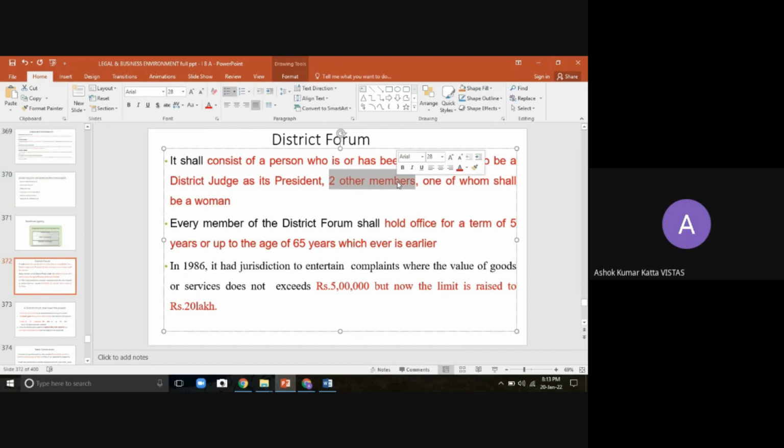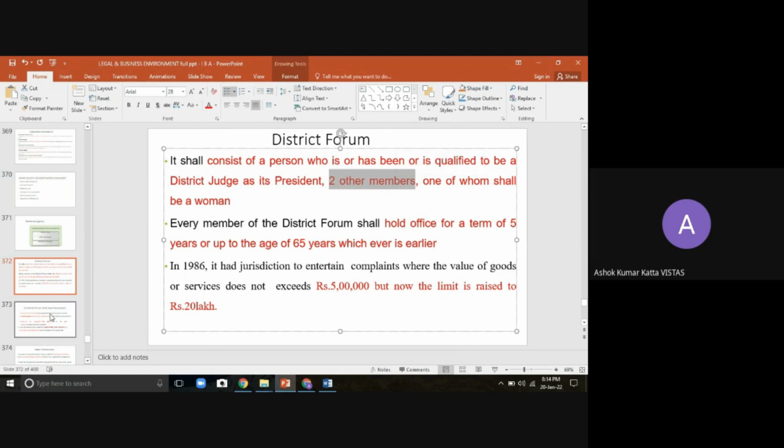In the district level forum, a district judge or a retired person acts as president and, with two members, adjudicates what the loss is. Whether it happened normally or through defective products, they will call the sales company, hear the arguments, and then give the judgment. So this is what happens at the district level forum.